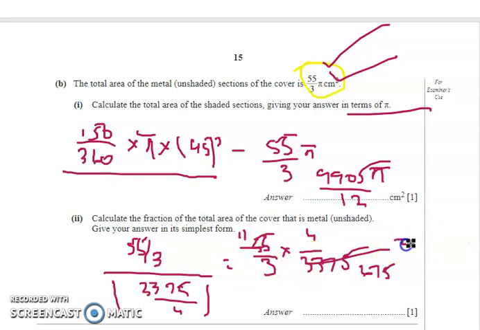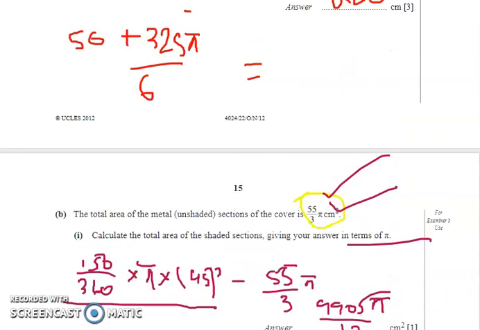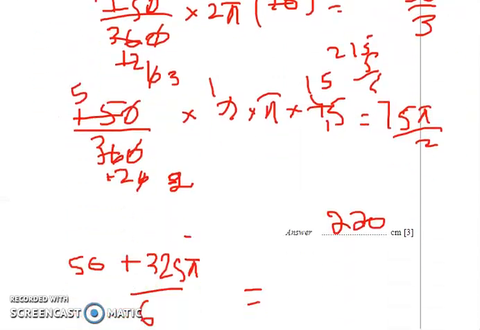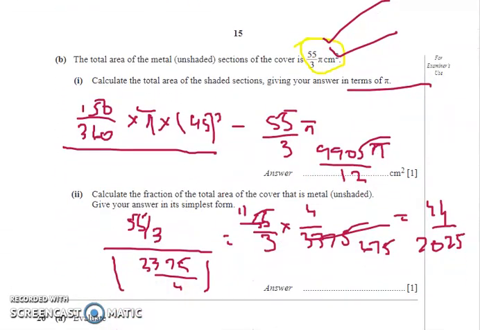So basically हमारे पास जो fraction आ रहा है that is 44 upon 2025, जो हमारे पास अनशेडेड एरिया है. That is, this is the fraction. 44 upon 2025. All right.